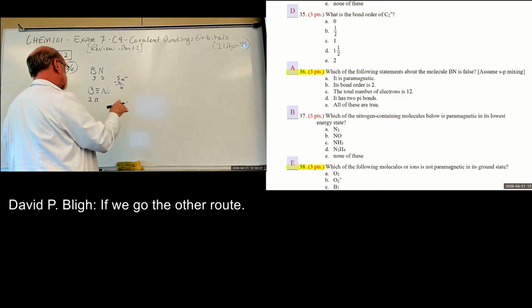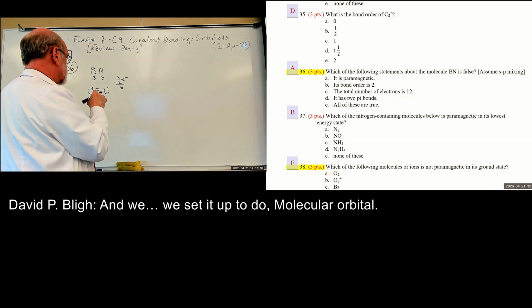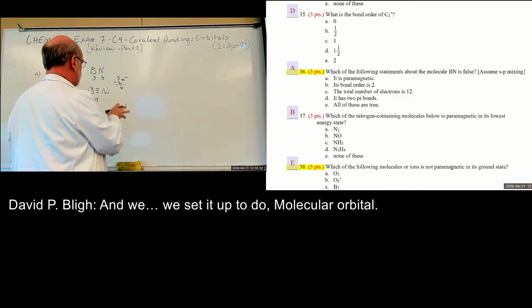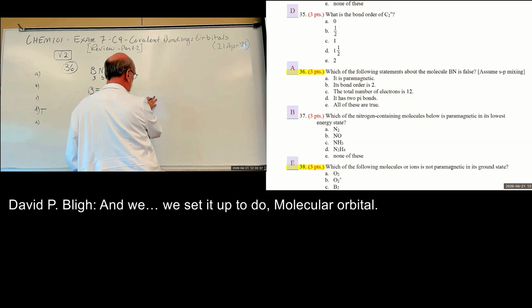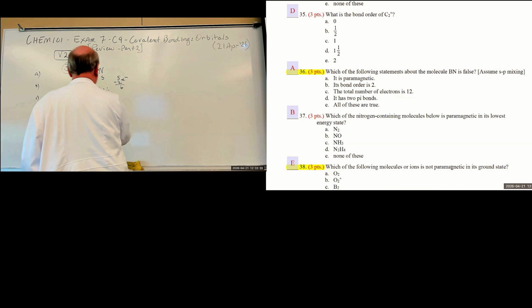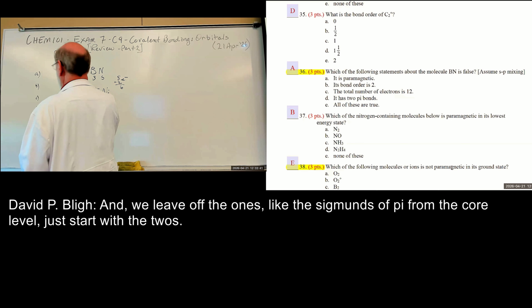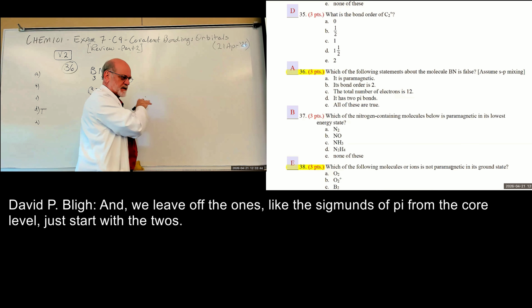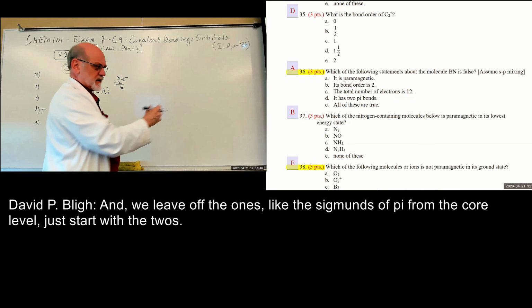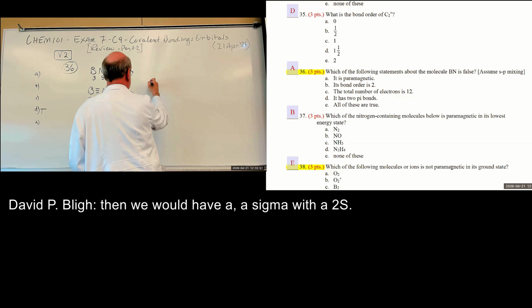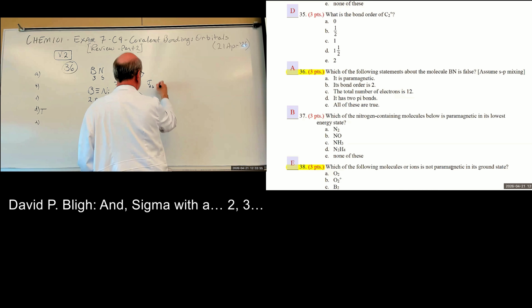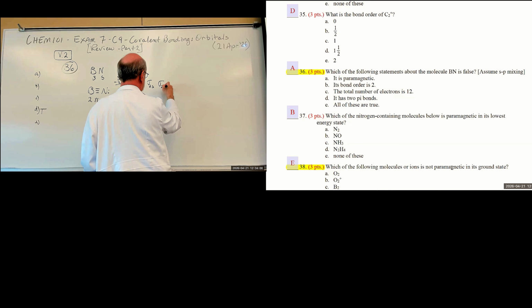If we go the other route and we set it up to do molecular orbital, and we leave off the 1s, like the sigma and the pi from the core level, and just start with the 2s, then we would have a sigma with a 2s and a sigma with a 2p.